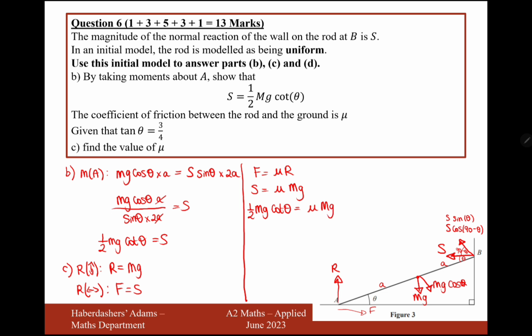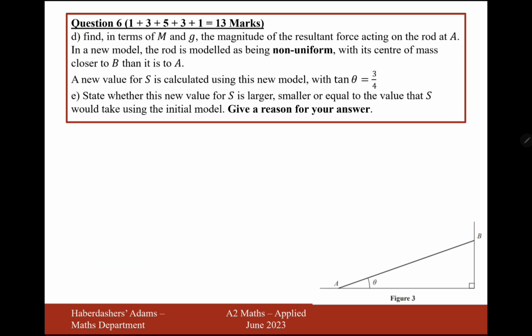If tan theta is 3/4, then cot theta is 4 over 3, so it's going to be half, we can cancel out the m's and the g's on both sides, times 4 over 3 equals mu. Multiply those two things together, and 2/3 is our answer for mu. Excellent, there we are. Okay, let's now move on to part D.